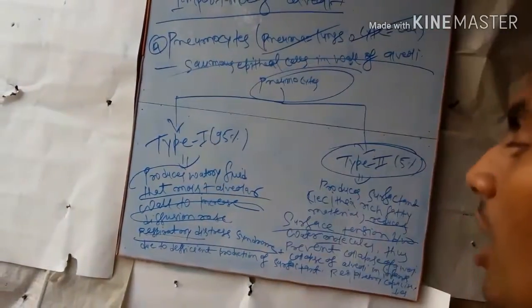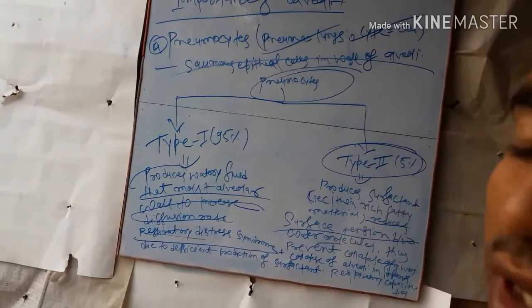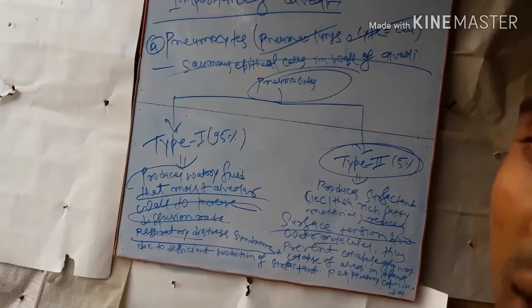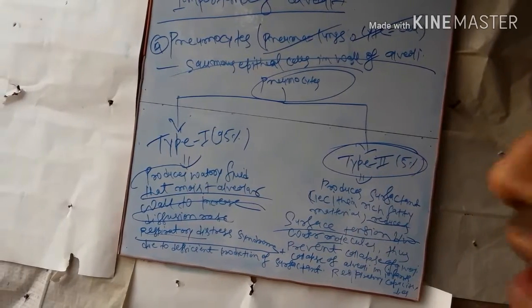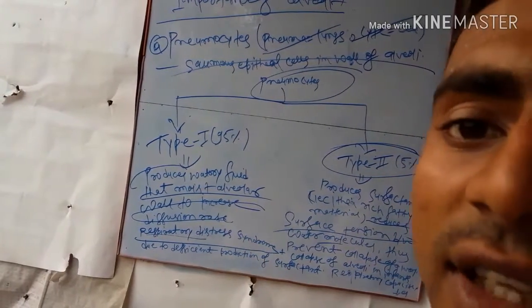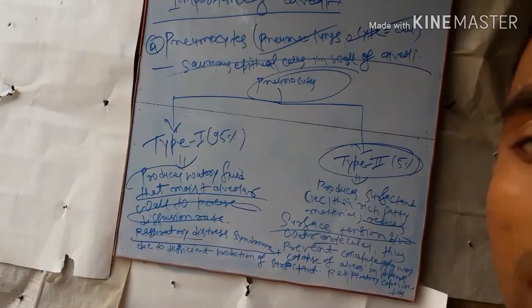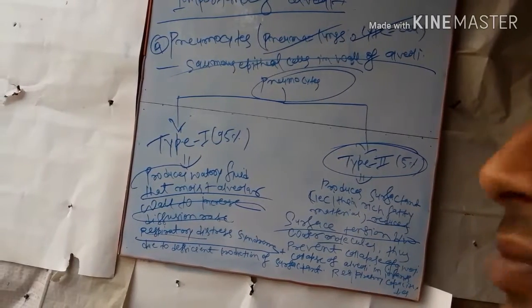What is the work of this? It produces surfactant, a lecithin-rich fatty material, and reduces surface tension between water molecules, thus preventing collapse of alveoli.